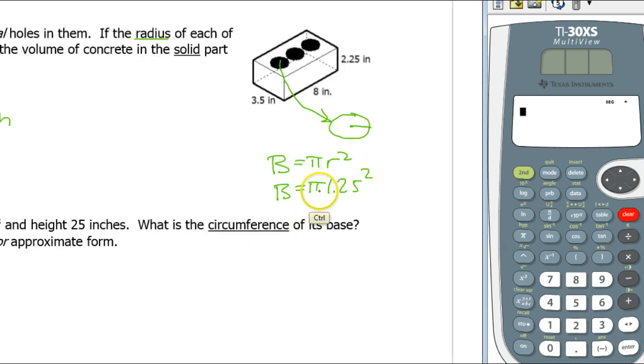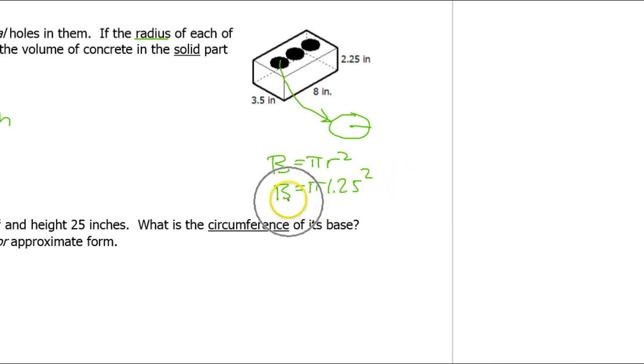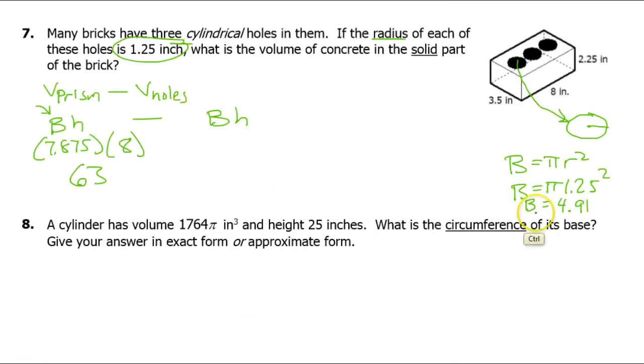In fact, I think I'll just go ahead and type in pi times 1.25 squared, because I'm going to get a decimal anyway. So 4.91. Now, that's the area of the base of a single hole.